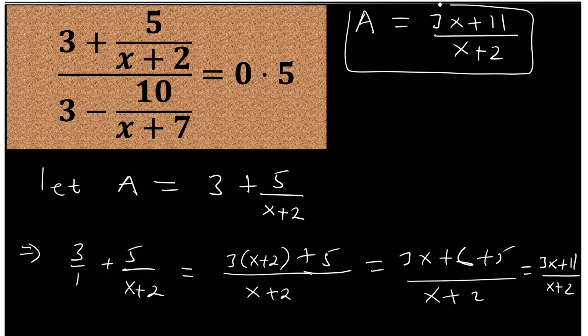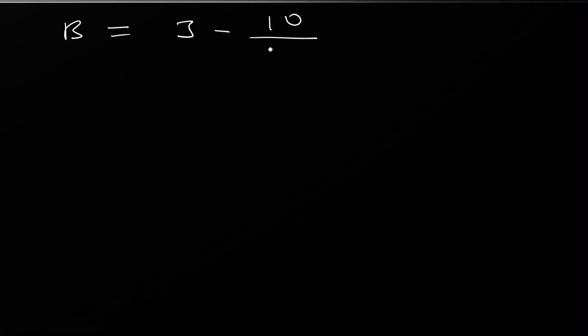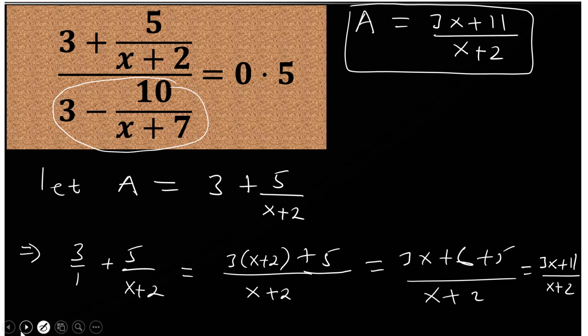So that is A. So let's look at the denominator. Let's represent it by B. So we have B equals 3 − 10/(x+7). So from there, 3/1 − 10/(x+7). Let's confirm, be sure of it.